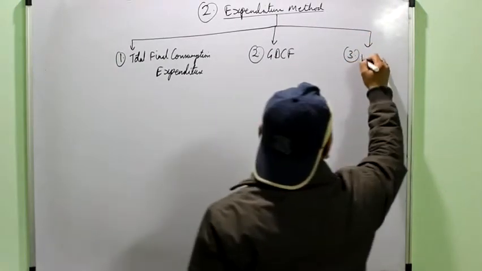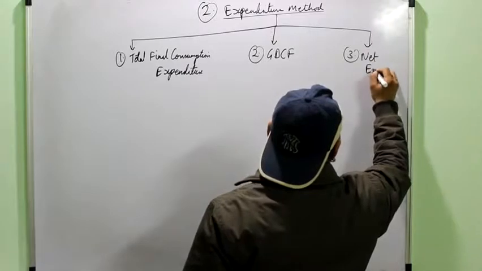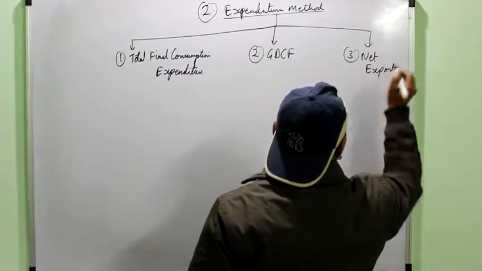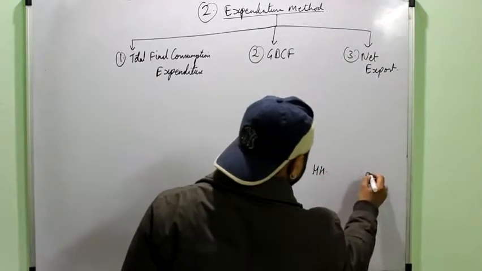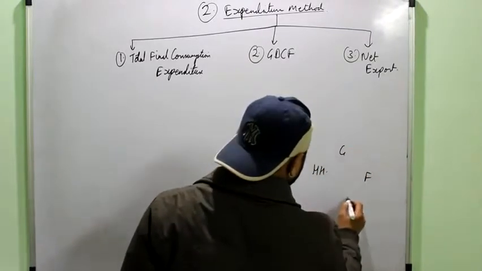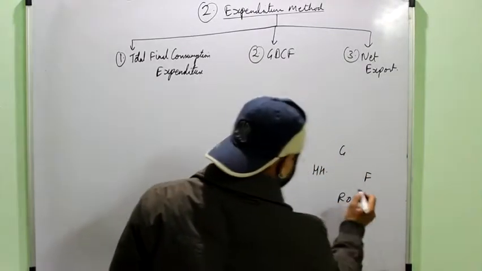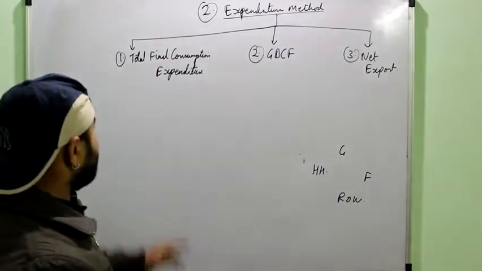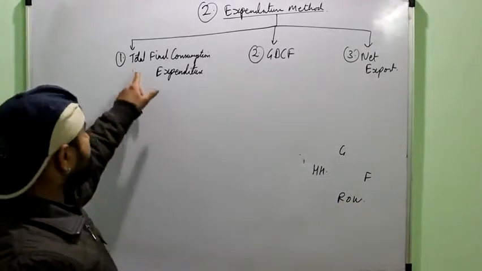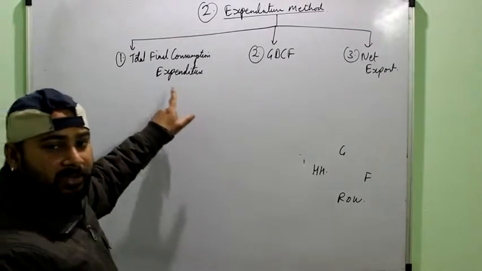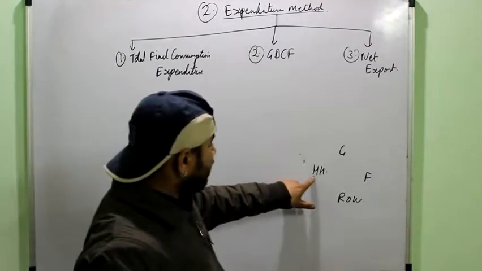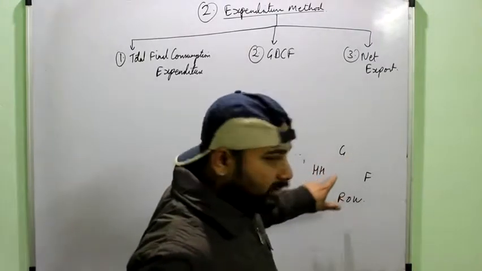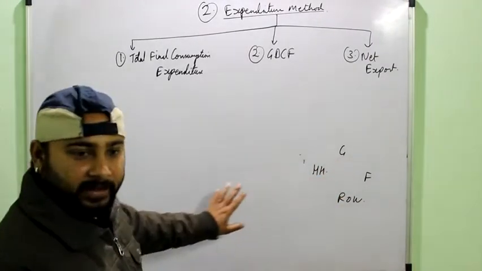And third is net export. See, again here I am making that four sector model, so we will quickly refer to it. See, the total final consumption expenditure, the final consumption means the expenditure done on the purchase of the final goods and services. So see, these two sectors, household and government, they are doing the final consumption in the economy.